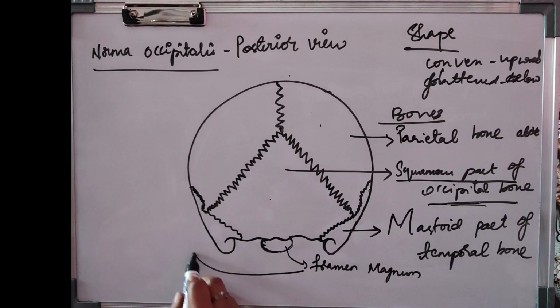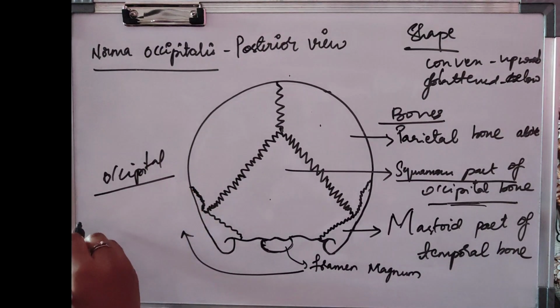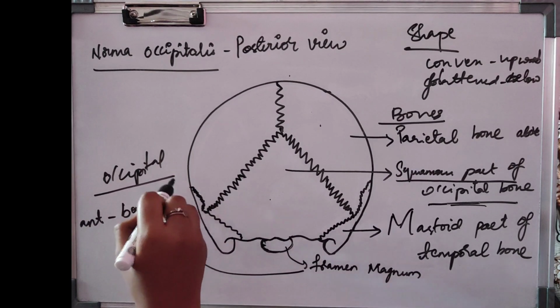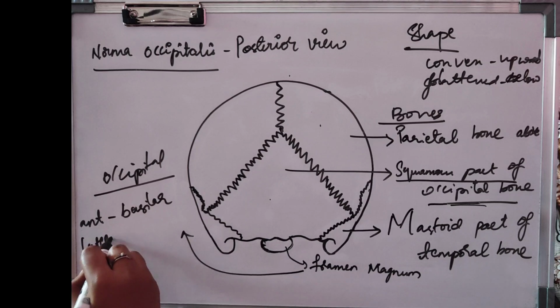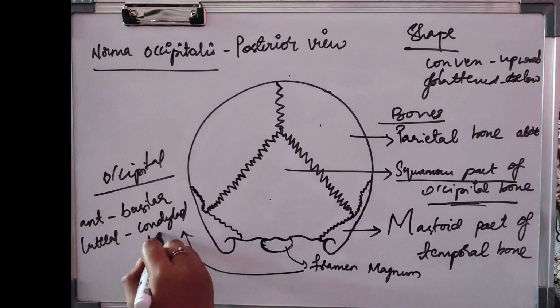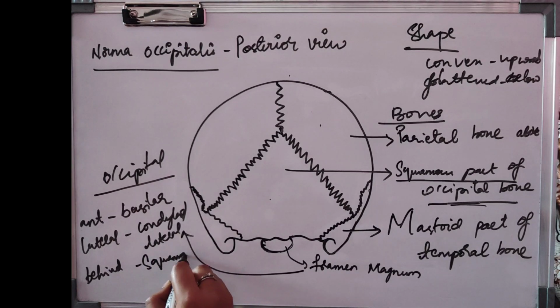Whatever occipital bone is present anterior to the foramen magnum, we call it the basilar part of the occipital bone, and that present lateral to the foramen magnum is the condylar or the lateral part of the occipital bone, and the occipital bone that is present behind the foramen magnum, we call the squamous part of the occipital bone.